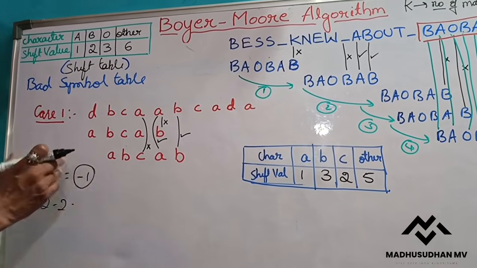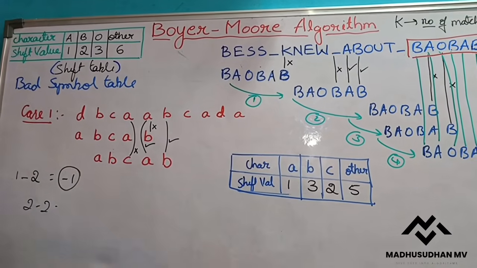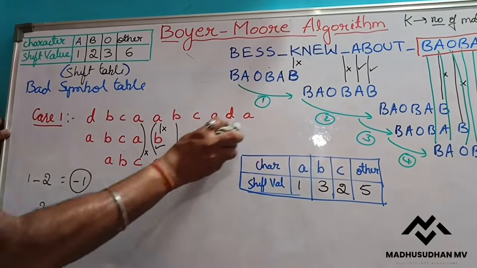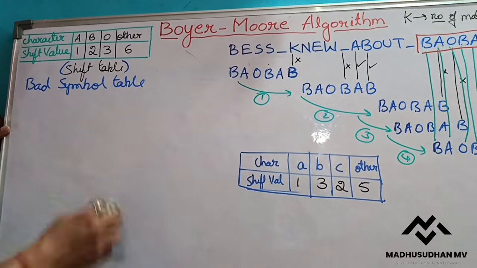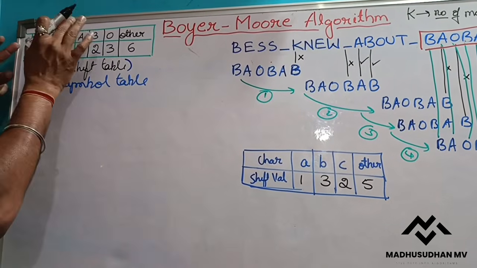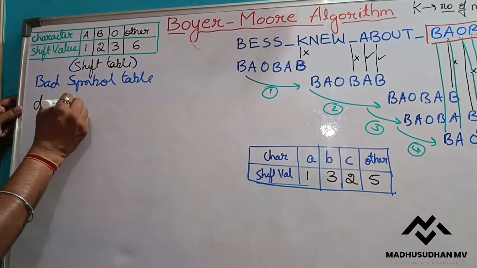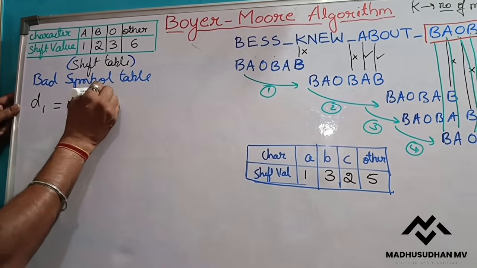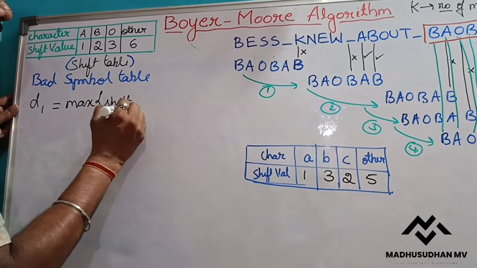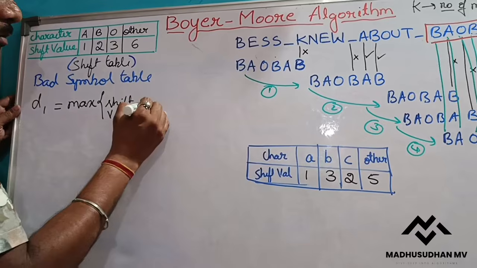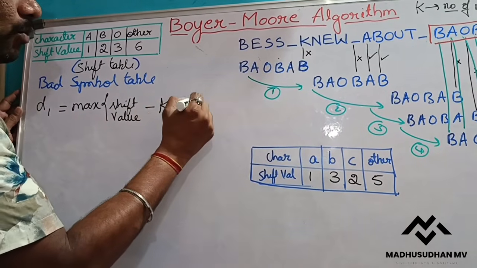Sometimes we will get the value minus or 0. In that case, Boyer-Moore suggests you shift the pattern by the maximum. This distance it will call distance 1, d1. Distance 1 is equal to the maximum of the shift value minus the number of matched characters, comma, 1.